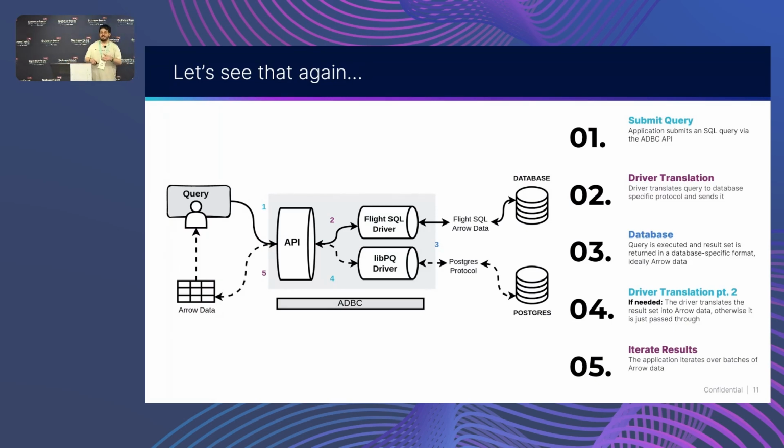Now, if it's necessary, the driver would also convert it into a native Arrow format. So it allows you to then query row-oriented databases like Postgres, while your application is coded solely against native Arrow record batches that you can then iterate over and operate on efficiently.